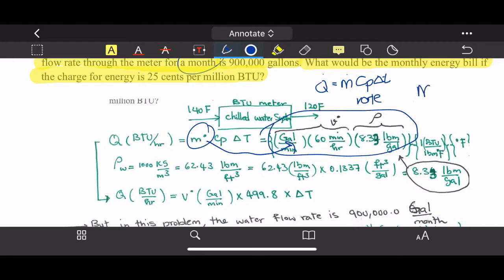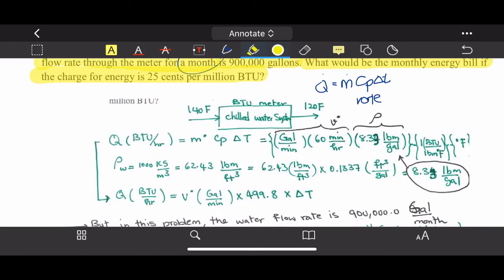Since m dot equals rho times V dot, where V dot is the volumetric flow rate. So let me reverse that to make some of these fonts clearer. You can see here V dot is gallon per minute and 60 minute per hour. Why? Because we want to change it into hour, that's why we times 60.